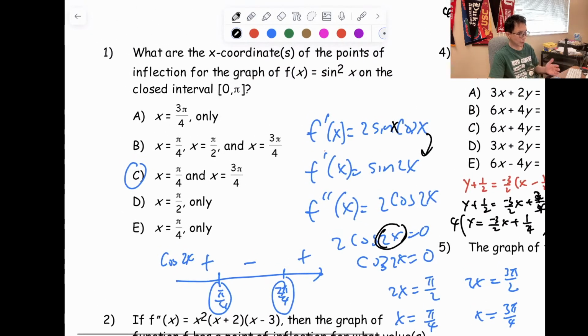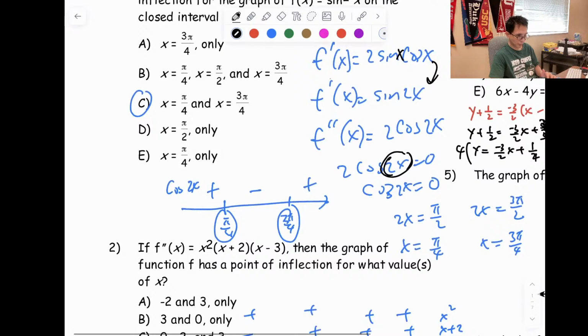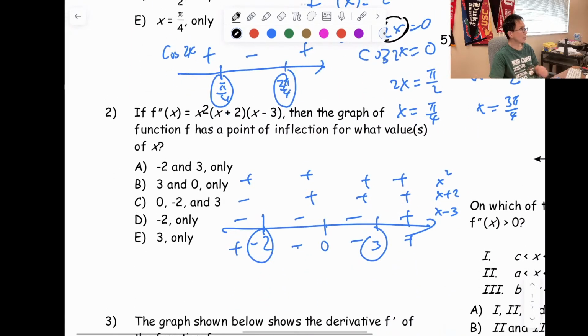This question is great. This question is asking you to take a second derivative on the chain rule questions, which is phenomenal. How many of you got C? Raise your hand if you got C. Fiona, Kaden. Okay, I appreciate that you raised your hand. The C is not correct because you didn't do a number line test. That's why I say this is how the AP exam will trap you.